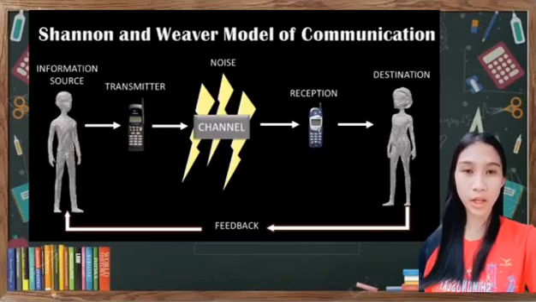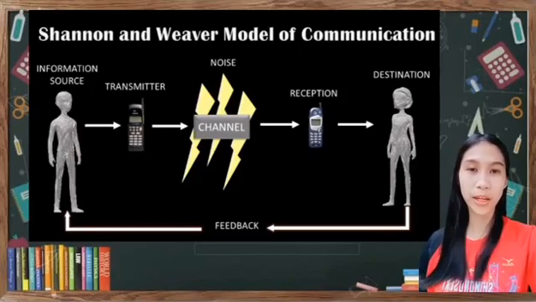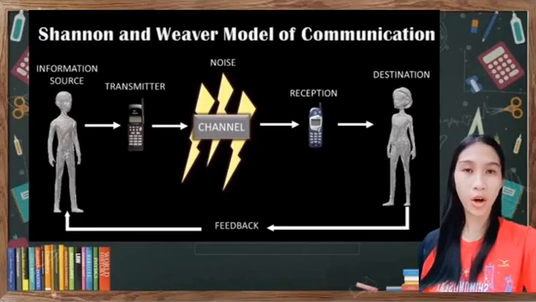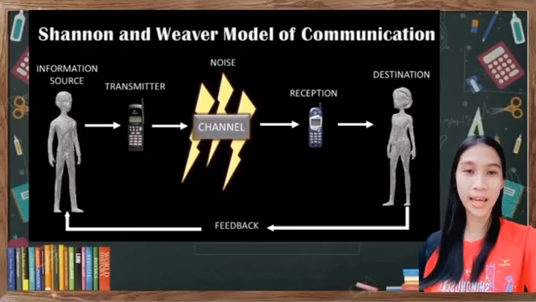In the conversation of J and Andrew, if there are barriers like a choppy signal interrupting their conversation, there is a possibility that the receiver, Andrew, cannot clearly understand the voice message of J. And that's the Shannon-Weaver model of communication example.